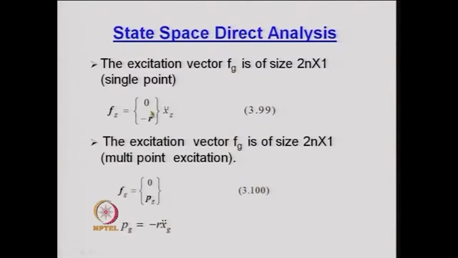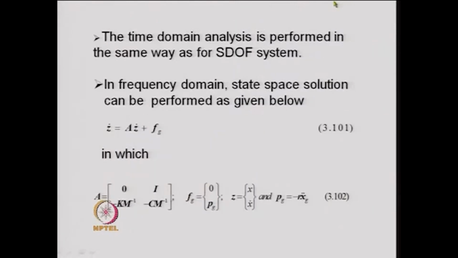So, the first n values will be 0 and the last n values will have minus I into x double dot g here, and here it will be minus R into x double dot g. How we construct R into x double dot g, you have explained in the previous problem.